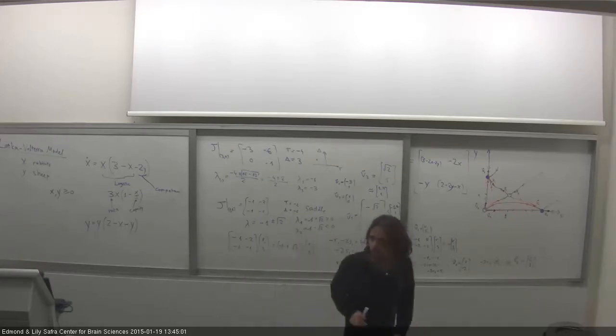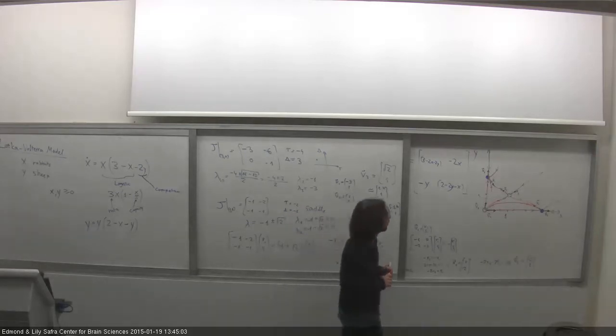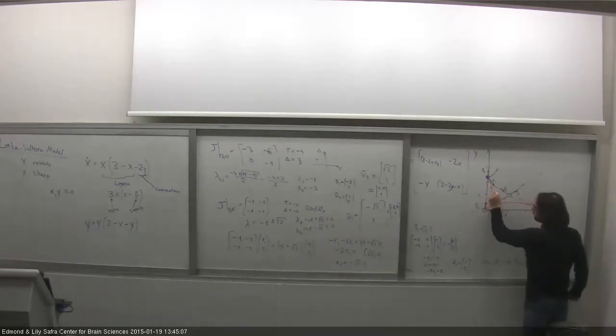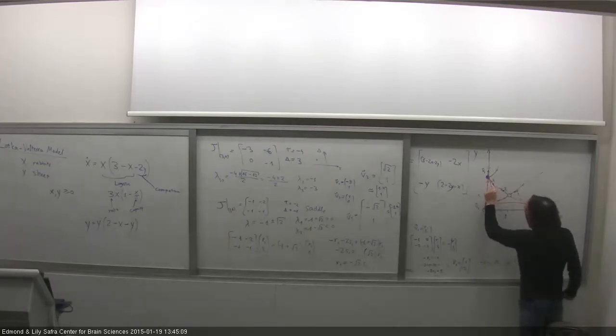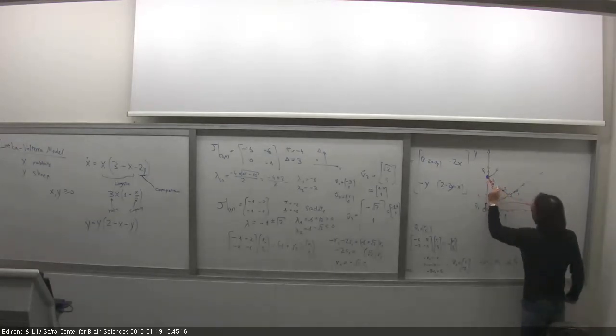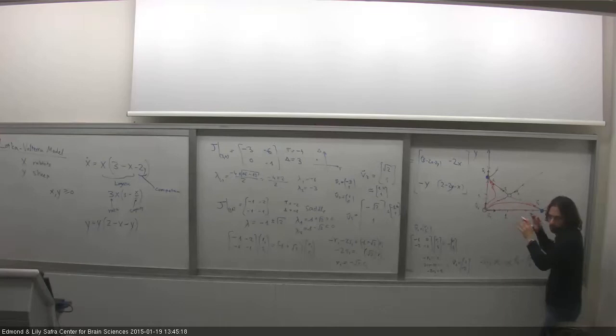Could you connect the point at 0, 0 to the point that's higher off? Yeah. So here I would have some curvature. This curvature is okay. Maybe my drawing is not very accurate, but I don't know what will happen there.